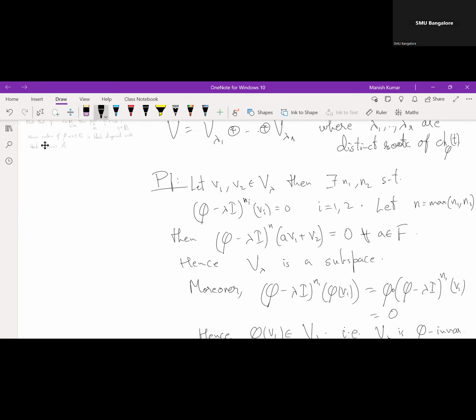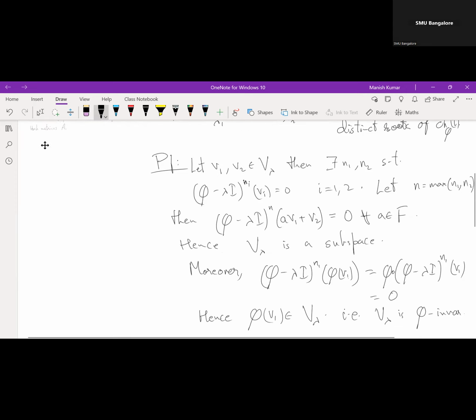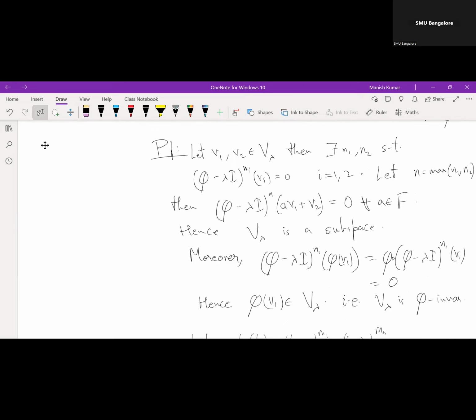But phi minus lambda I to the power n1 applied to v1 is 0, and phi is a linear map, so it sends 0 to 0. So phi v1 is killed by phi minus lambda I to the power n1. So phi v1 belongs to V lambda. So V lambda is phi invariant.